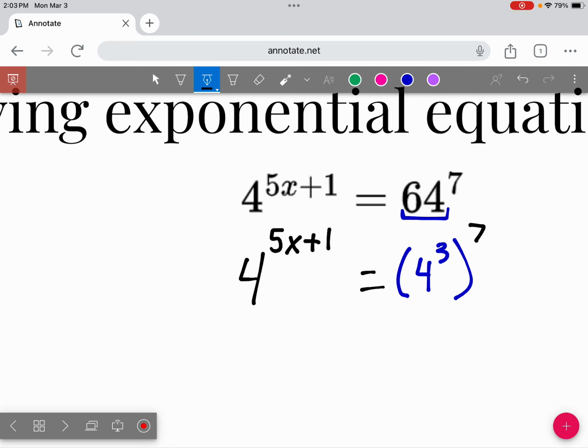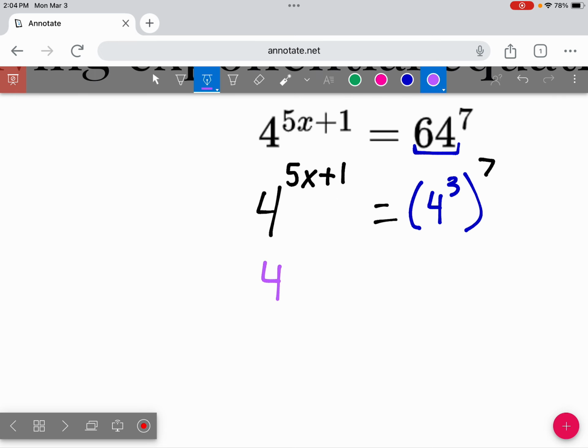Multiply the 7 and 3. We've got powers raised to powers, so I need to multiply the 7 and the 3. So this becomes 4 to the 5x plus 1 equals 4 to the what power? 21.